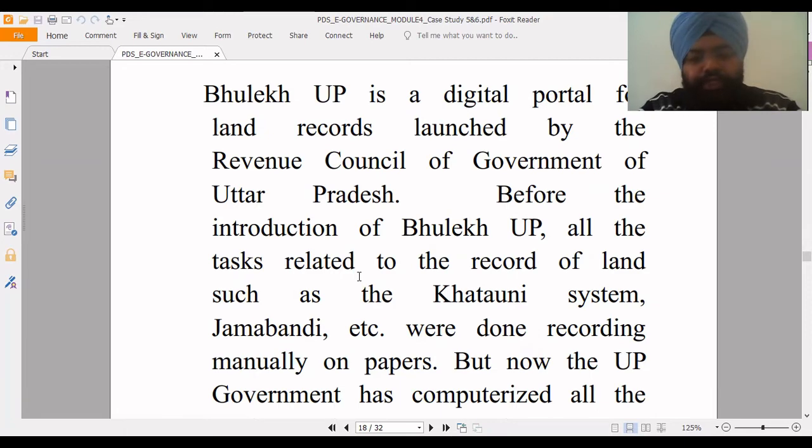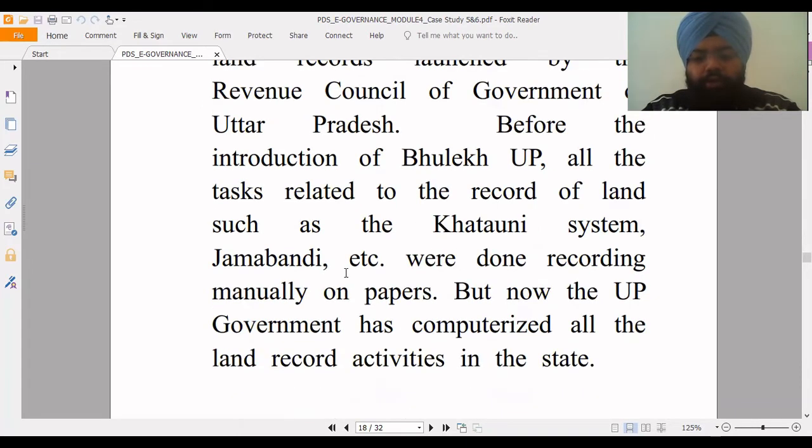Before the introduction of Bhulekh UP, all the tasks related to the record of land, such as the Khatoni system, Jamabandi, etc., were done by recording manually on paper, but now the UP government has computerized all the land record activities in the state.